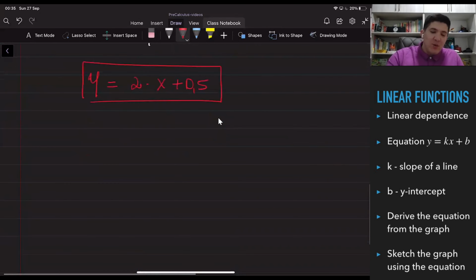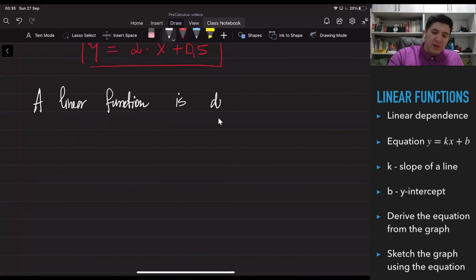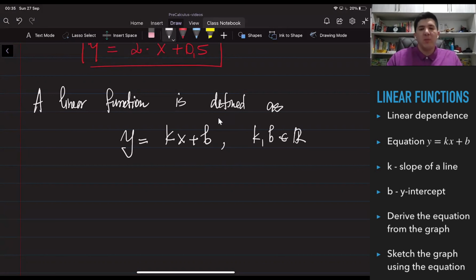So in general, a linear function is defined as y is equal to kx plus b, where k and b are just real numbers. They can be any two real numbers. So this is the general form of a linear function.